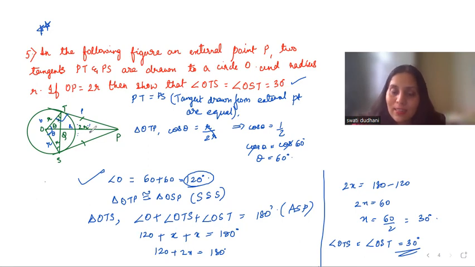All the sides are equal. So if the triangles are congruent, all the corresponding angles are equal. So hence this is also theta. So together angle O makes up 120 degrees. So once we get this angle in triangle OTS, the other two angles are equal. It can be calculated using angle sum property.